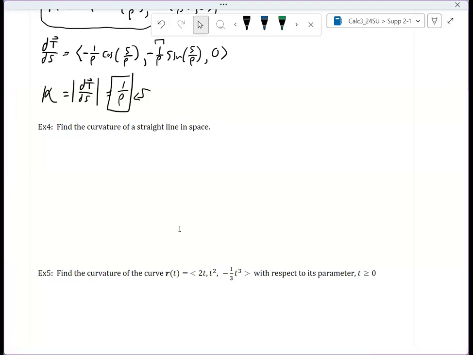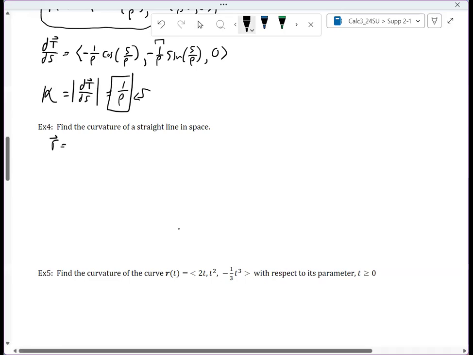Okay, so let's look at the curvature of a straight line. Let's just take our curve to be r naught plus tv.